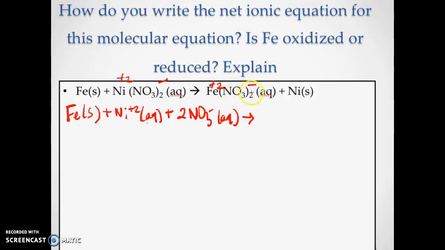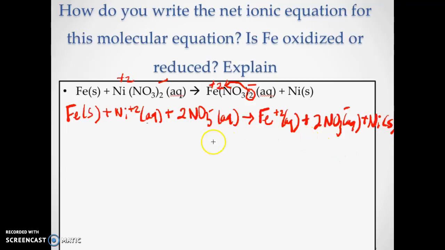And get this 2, right? There's 2, crisscross backwards up there. And then that means you're going to have Fe +2 plus 2 NO3. And this is a solid, so it just remains as a solid.